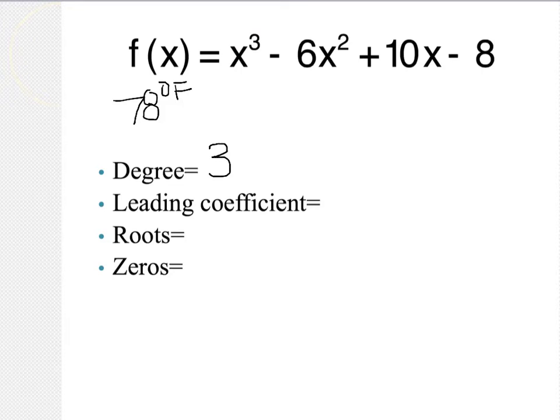When we think of the leading coefficient, this is the coefficient attached to the variable that has the highest degree. Here the leading coefficient, the number in front, would be 1. Now when we think of roots, it's the solution for the polynomial equation.